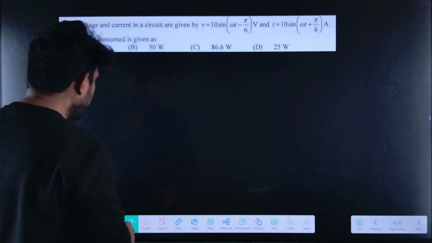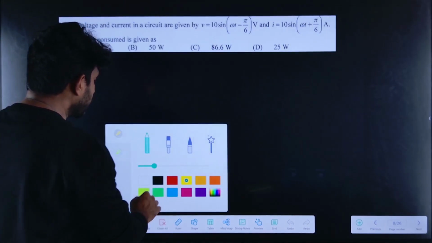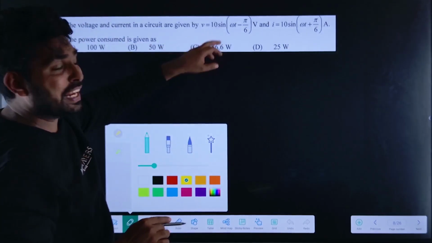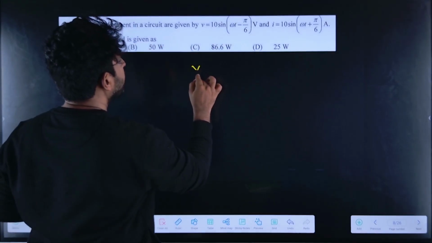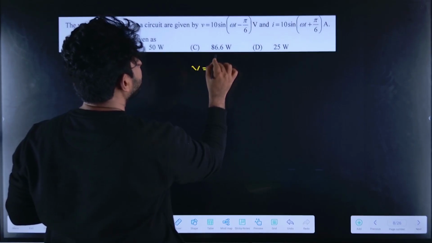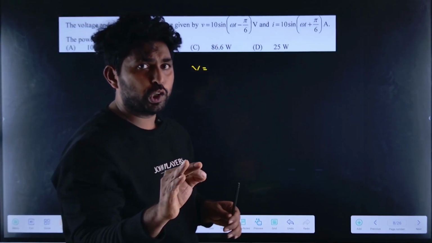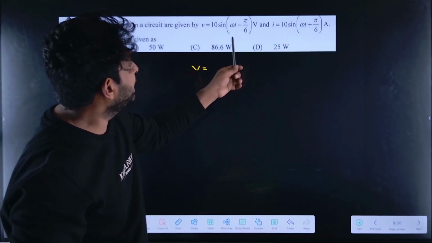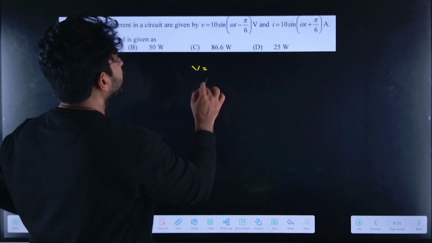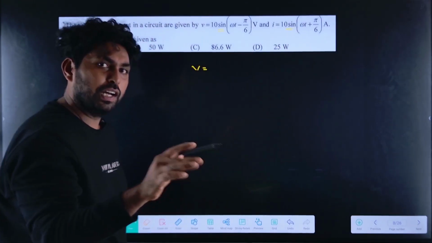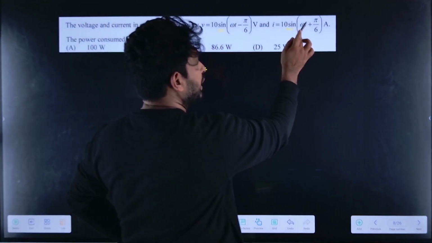In this question, it was mentioned that the voltage is given as 10 sin omega t minus pi by 6. First we need to observe, in this type of question, whether both are referred to the sine wave or not, and whether both waveforms have the same frequency or not.